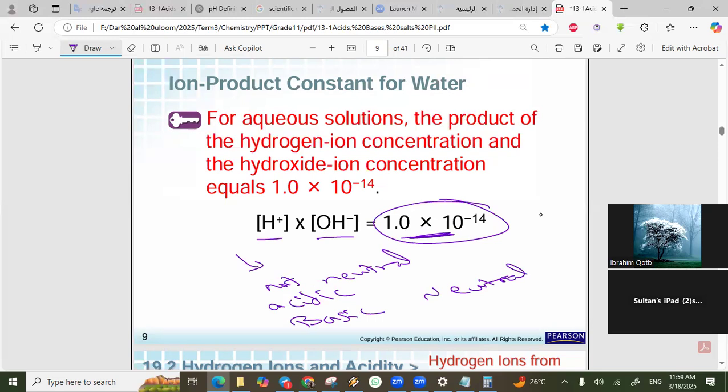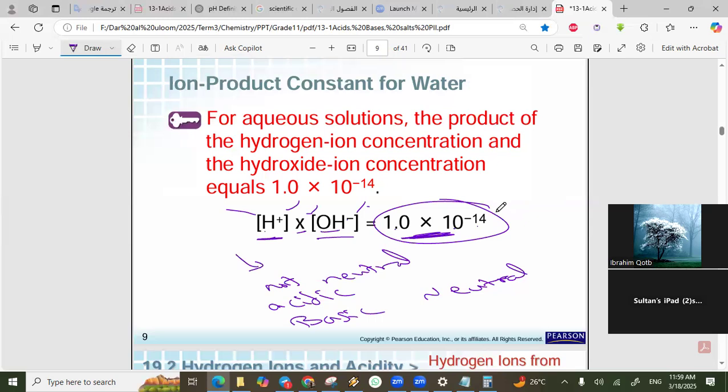All of them will give you this number. If you multiply hydrogen ion concentration, these brackets mean concentration, so I read it like this: hydrogen ion concentration times hydroxide ion concentration. The product is 1 times 10 negative 14.